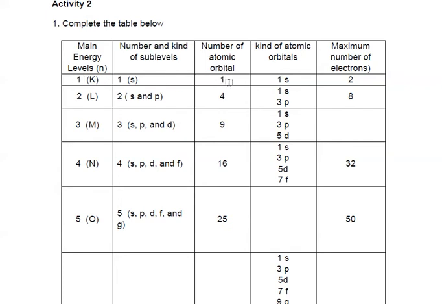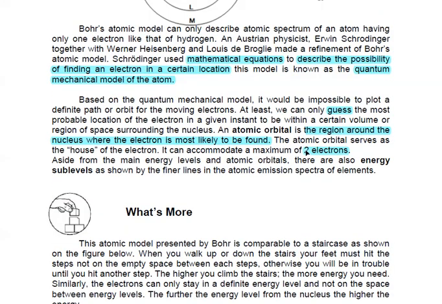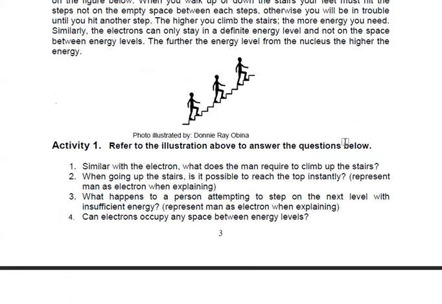There's only 1. And what kind of atomic orbital? It's only 1s. What is the maximum number of electrons that can be found in this level? There are 2. You are correct. As it says here, it can accommodate only 2.